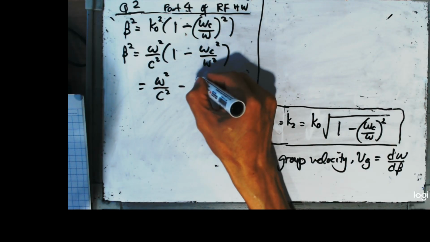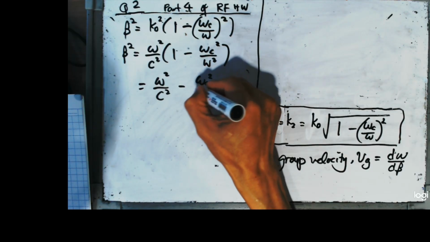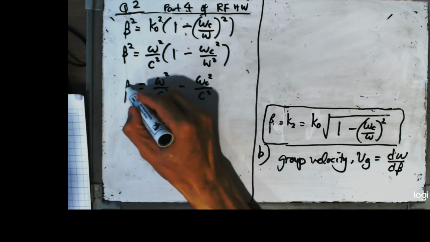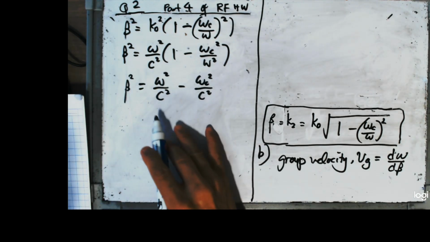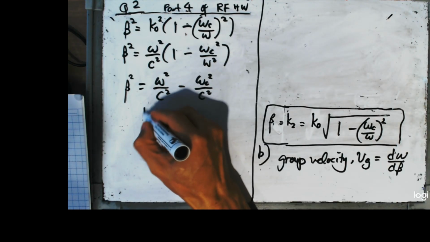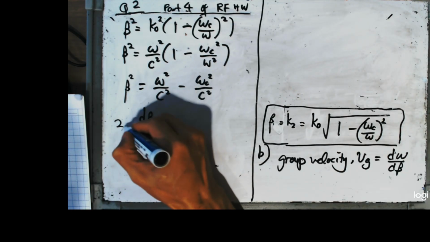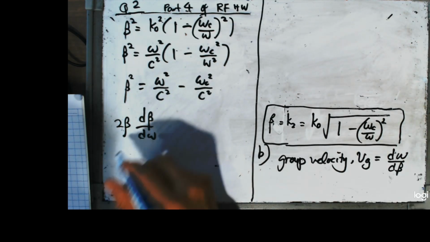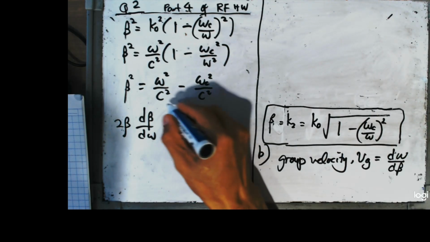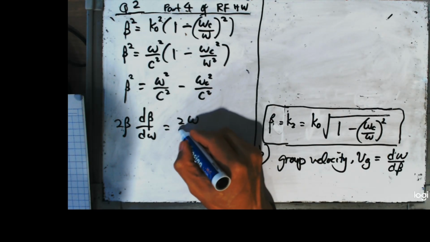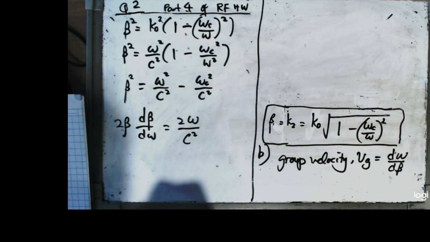And then here it's omega c squared over c squared. If you differentiate both sides of the equation with respect to omega, the left side becomes like this, the right side becomes 2 omega over c squared, and this one becomes 0.